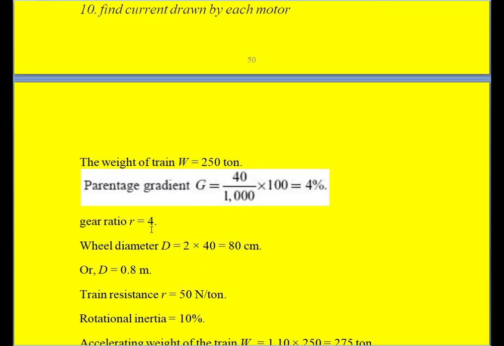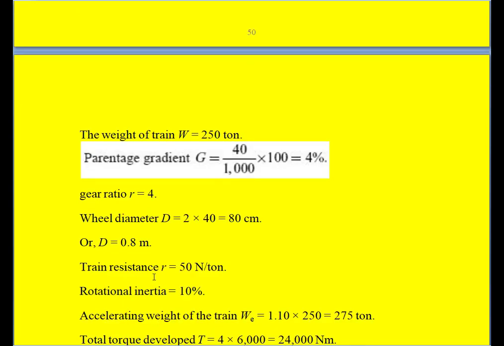Then gear ratio is given, gamma is equal to 4, and the driving wheel diameter we can write as 2 into 40, because 40 centimeters is the radius. For diameter you have to multiply the radius by 2, so we get 80 centimeters. We can write this D in meters as 0.8 meters.